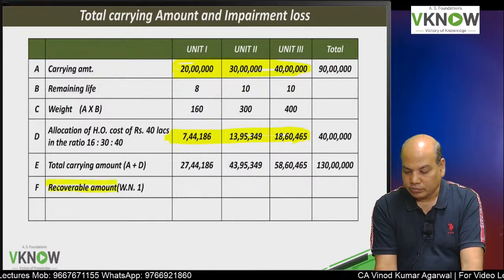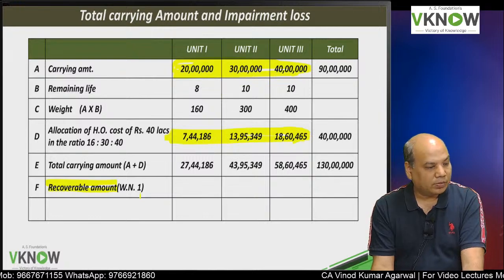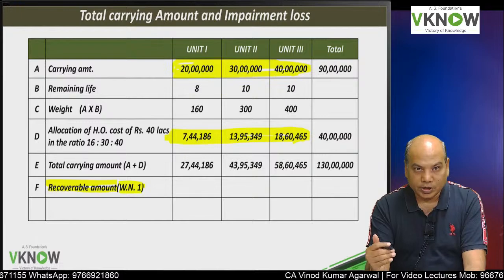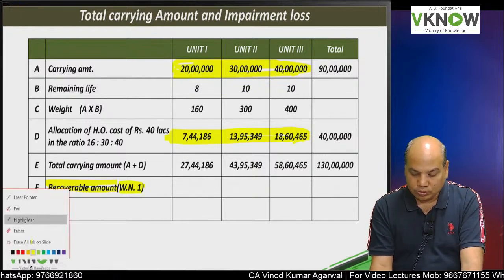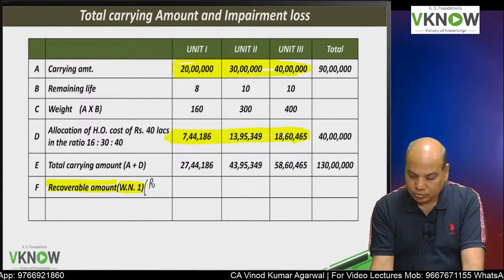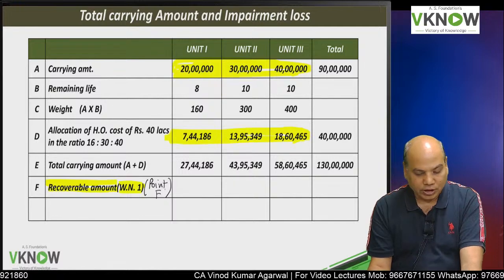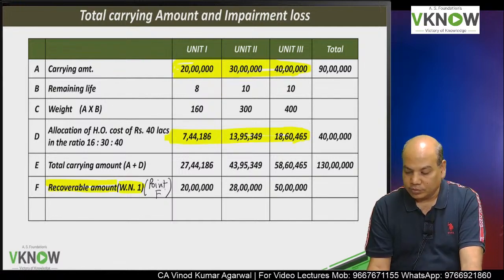Recoverable amount we have already computed in working note 1. Just refer to the previous table, last line, working note point F. Can you see the last line, point F? 20 lakh, 28 lakh, 50 lakh.